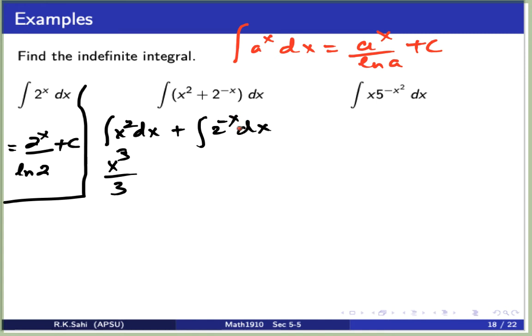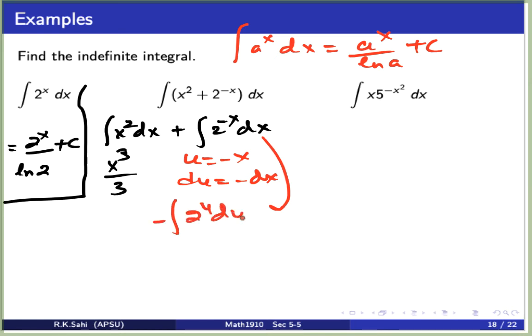As this is not the same, we're going to make a change. Use the u substitution. You say, hey, u is minus x, so du is minus dx. So this problem now becomes minus the integral of 2 to the power u du. So it is now minus 2 to the power u over natural log of 2, which we replace back as negative 2 to the power negative x over natural log of 2.